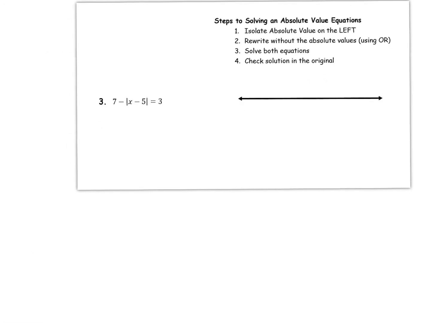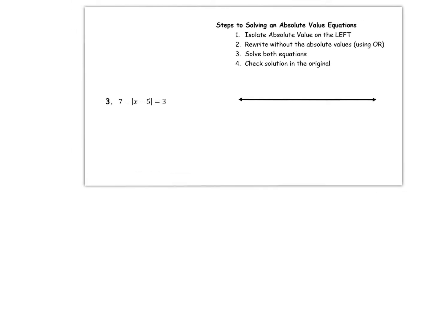All right, now this one, we've got some extra garbage to worry about first. And it says absolute value has to be alone on the left. Well, it is on the left, but it's not alone. We've got this garbage. So we got to get rid of that first. So first thing I'm going to do is minus the 7 out of there.